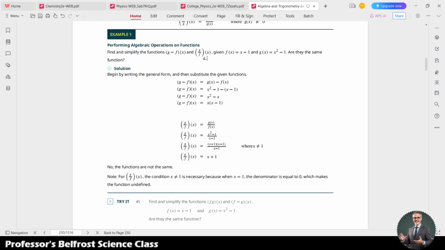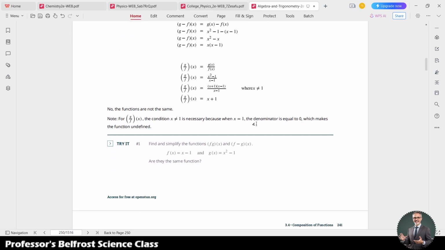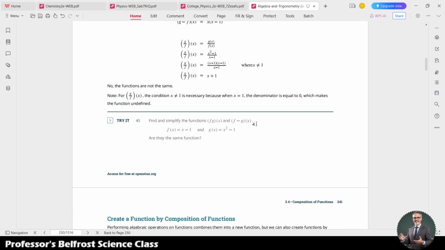But how about (g/f)(x)? It means g(x) over f(x). So g(x) is x squared minus 1, and f(x) equals x minus 1. And x squared minus 1 can be factorized to be (x + 1)(x - 1). It means that we can eliminate the identical factors of x minus 1, and we are left with x plus 1. So certainly the functions (g - f)(x) and (g/f)(x) are not the same.